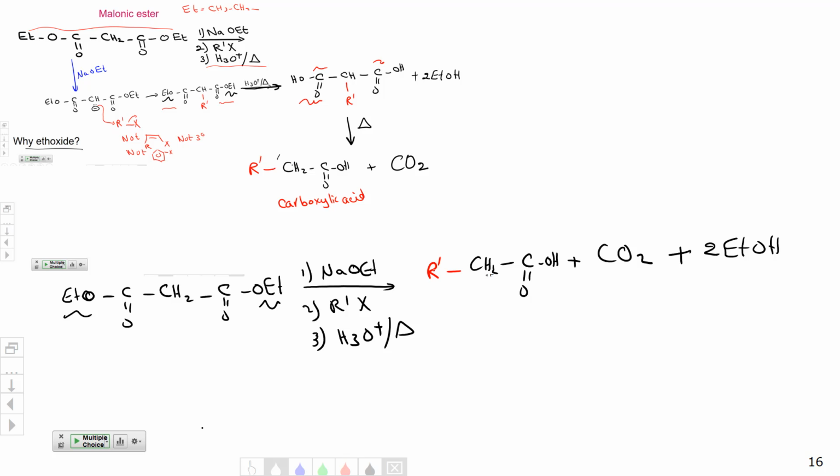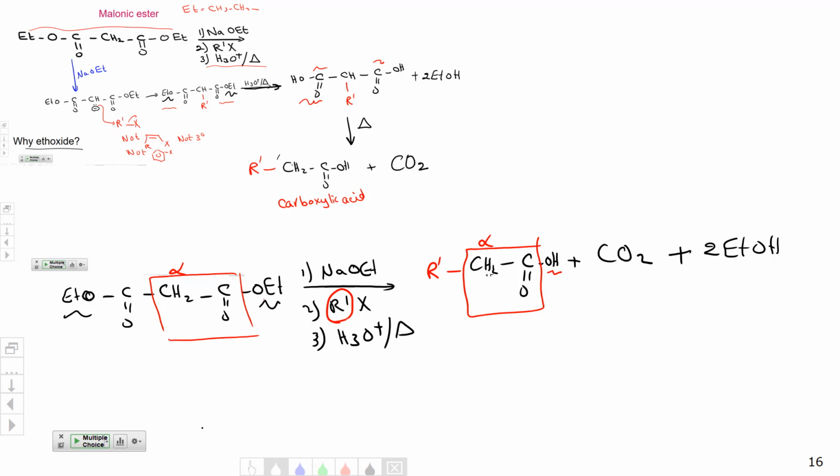like this. In other words, if we want to use what is mapping, this part of the molecule is this part of the molecule with the OEt replaced by an OH. Whatever is added is to the alpha carbon of that, and it is the R prime from the alkyl halide.